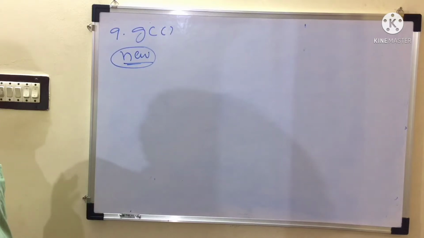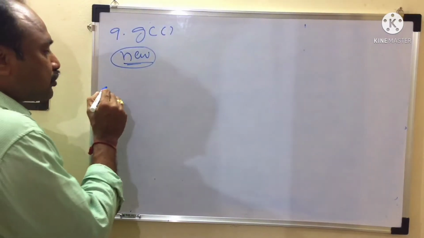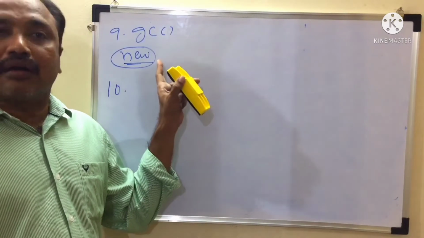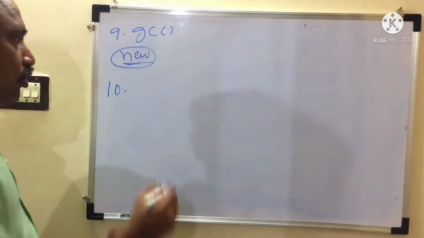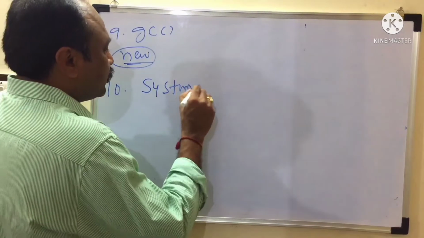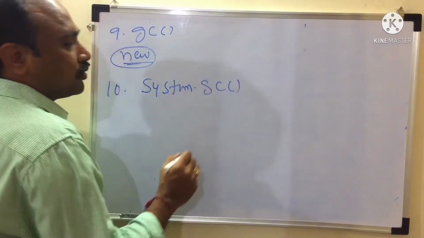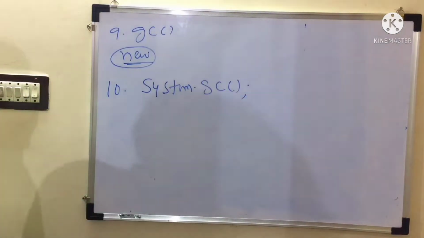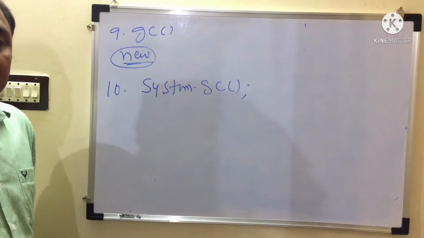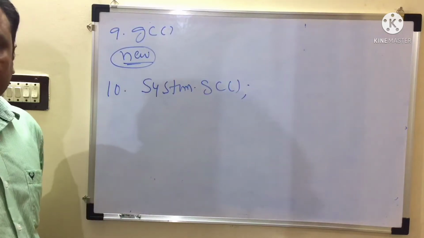It will happen automatically. Now they will ask you one more question. Can we manually call GC? Yes. How? System.gc() is used. System.gc(); is used to call GC manually.